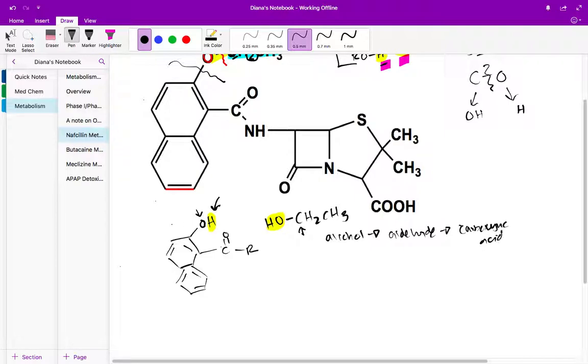Like alcohol, aldehyde or ketone, and then carboxylic acid. You'll see in a lot of your answer keys when you're doing these practice problems that this actually turns into the carboxylic acid. So you'll see CH3COOH as your carboxylic acid.